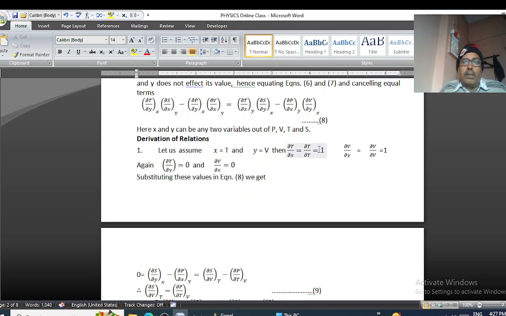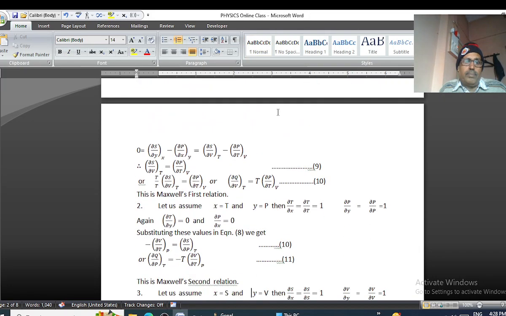Let us come here, ∂T/∂x is equal to 1. So this term is 1, and in this term ∂V/∂x is equal to 0. So the left hand side total is 0, and on the right hand side this term is 1, and this term is ∂V/∂y which is 1. So we get finally this one.